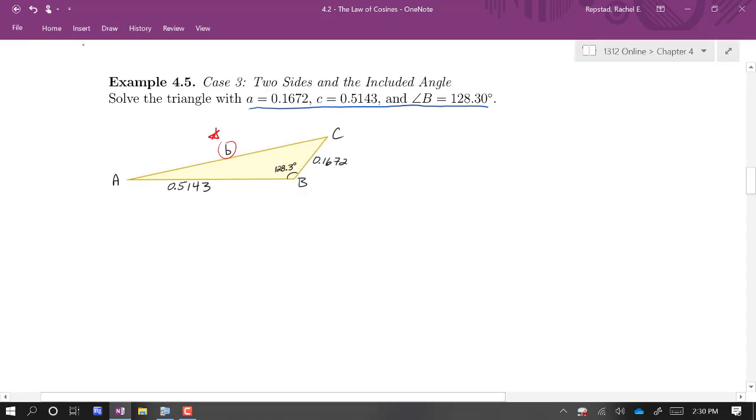I'm going to use the version of the law of cosines that begins b squared equals, because that's the one that uses the known angle. So b squared is equal to a squared plus c squared. There's the first part that feels like Pythagoras. And then minus 2 times a times c times cosine of angle B.